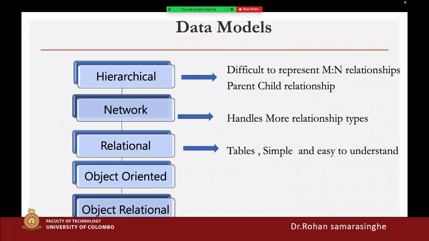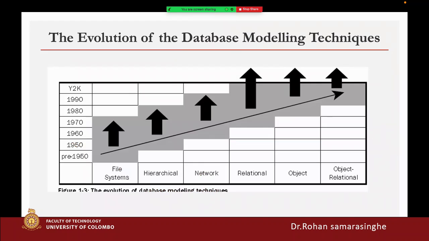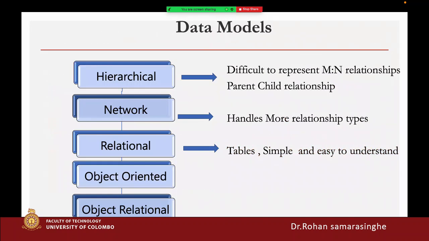And next, I introduce the data models. Once again I can explain: hierarchical, network, relational, object oriented, and object relational. The next model is the hierarchical model. In the hierarchical model, it is difficult to represent M to N relationships.